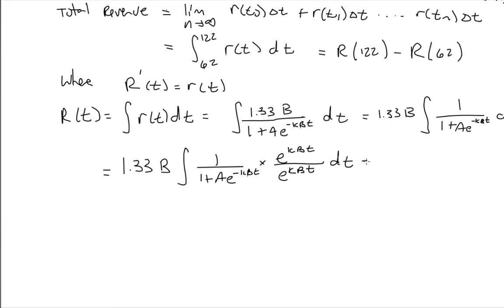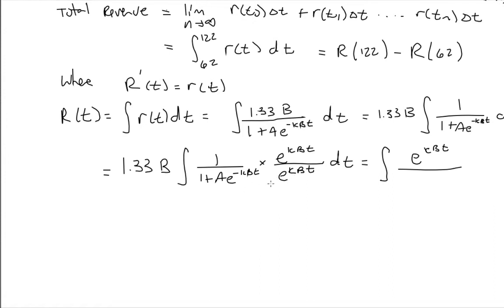It seems silly to multiply something by 1, but what we end up finding is that this will actually make our integration simpler. So now we have the indefinite integral of e to the kbt, that's all on the top, because 1 times e to the kbt is of course e to the kbt.